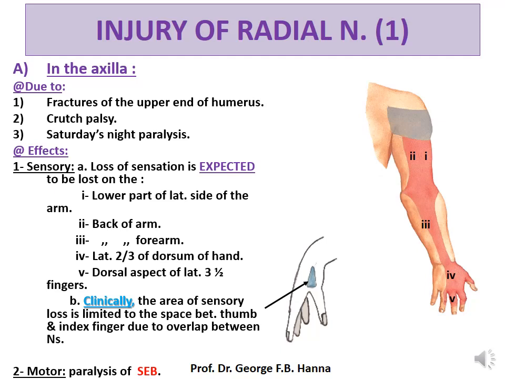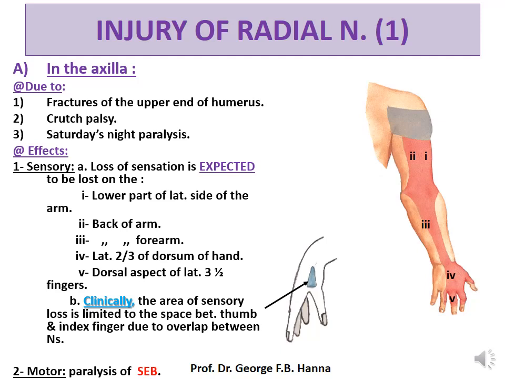This is the expected area of sensory loss. Clinically, the area of sensory loss is limited to the space here colored in blue, the space between the thumb and the index finger, due to overlap between nerves.